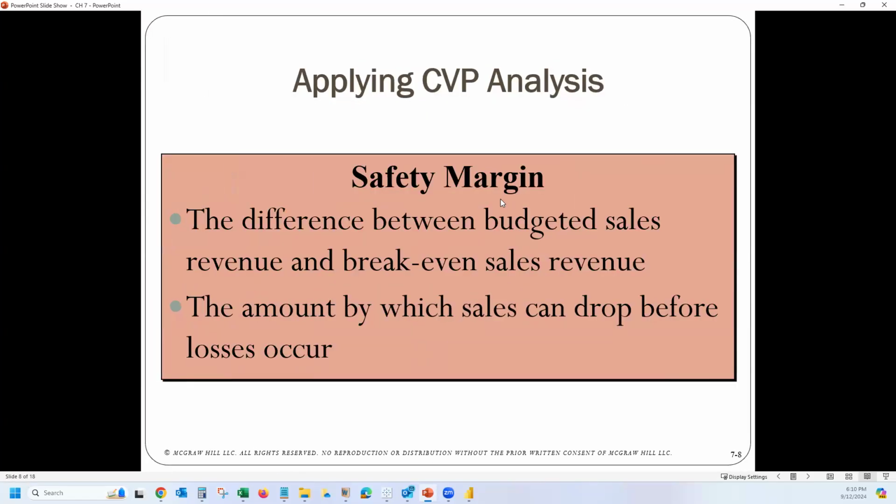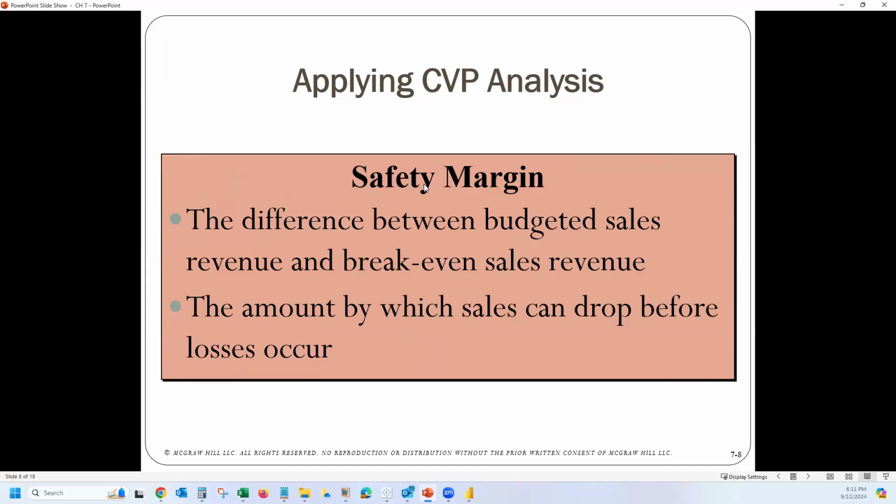Now, the margin of safety is another calculation that is included in the profit and loss analysis. What this basically means, as the word suggests, is a margin of safety. It is a calculation or analysis to determine how safe the company is in terms of profitability.